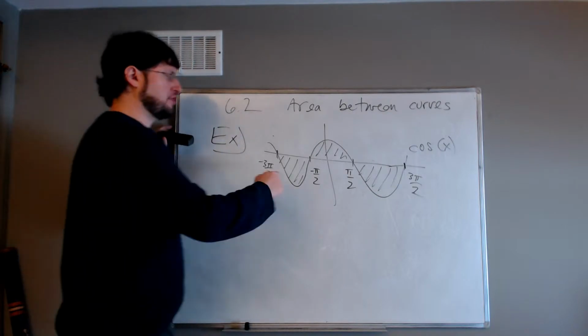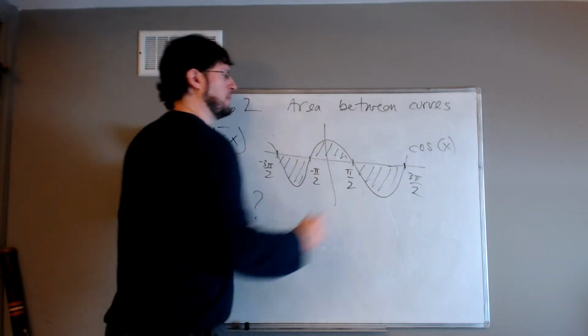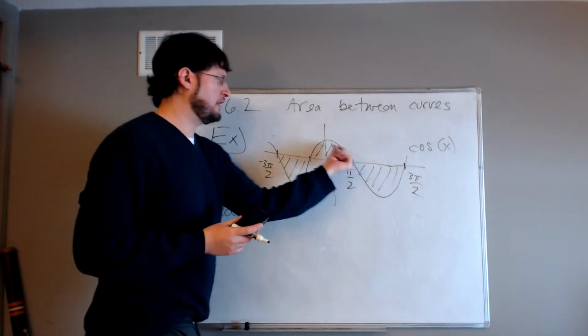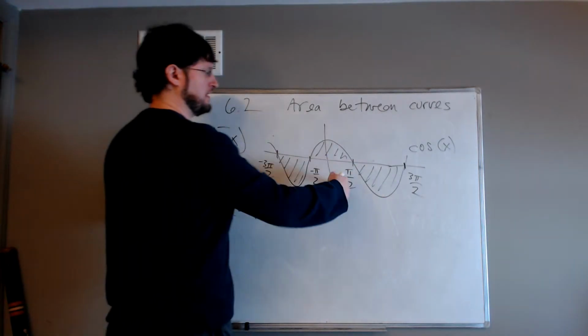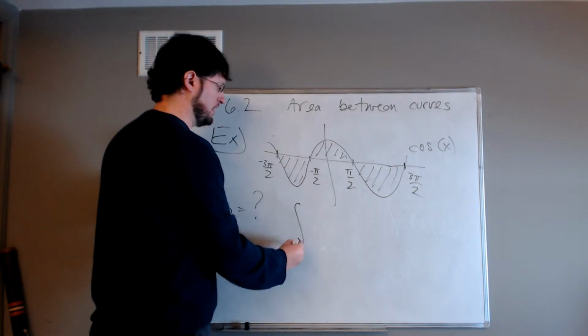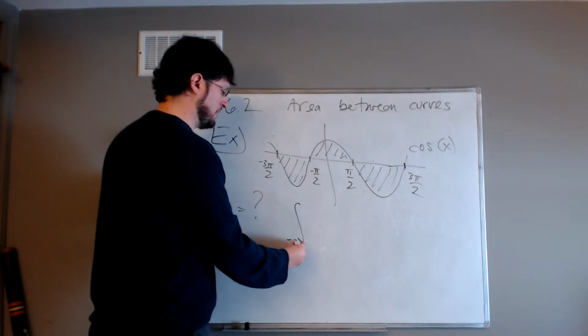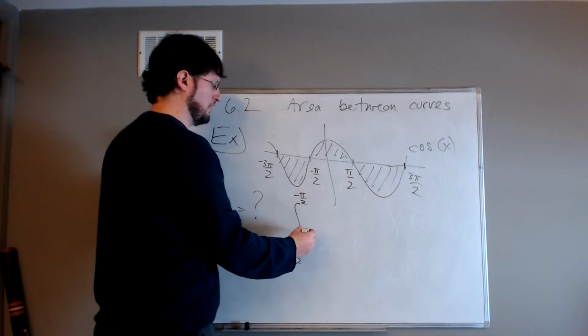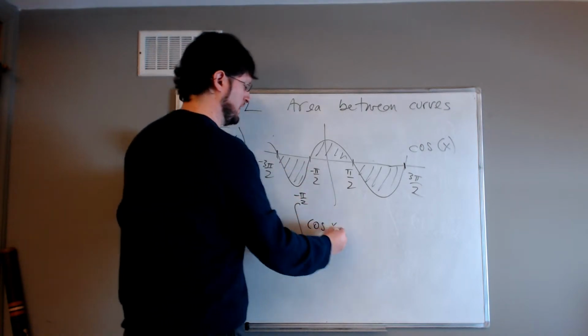So I can't just integrate from negative 3 pi over 2 to 3 pi over 2 because I'll have a negative and a negative area and then a positive area. I actually need to integrate each thing separately. So I need to integrate from negative 3 pi over 2 to negative pi over 2 of the function cosine x dx.